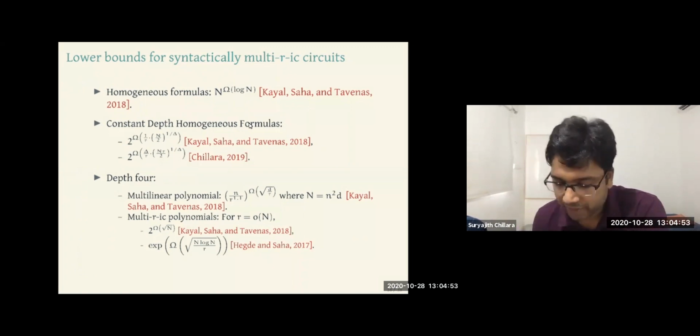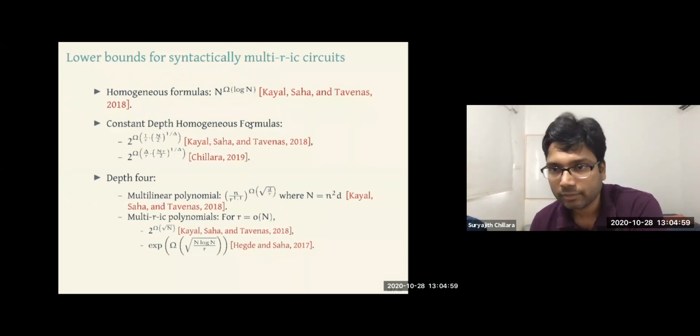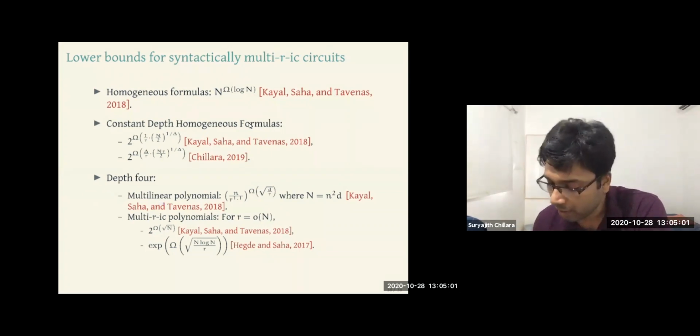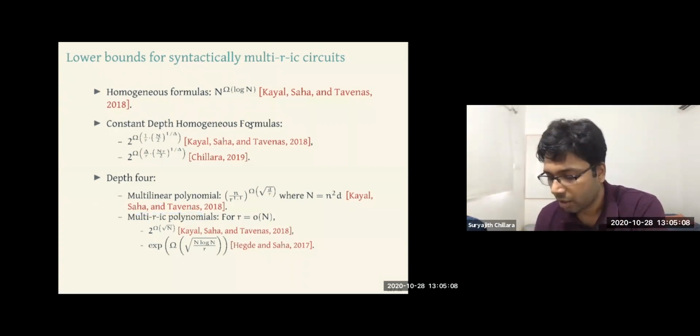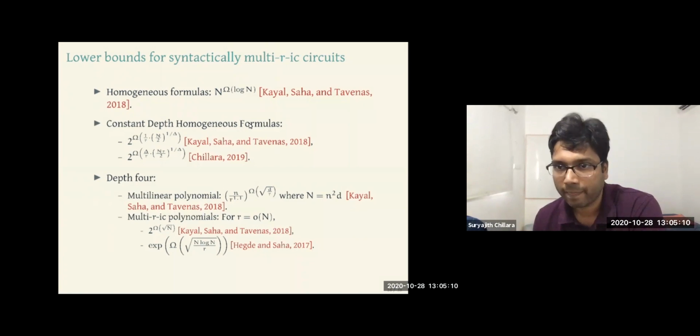Here, consider a depth 4 multi-array circuit that computes a multilinear polynomial. What was known before is that Kayal, Saha, and Tavenas have shown a lower bound of roughly n to the power omega of root d by r. We'll talk more about this.